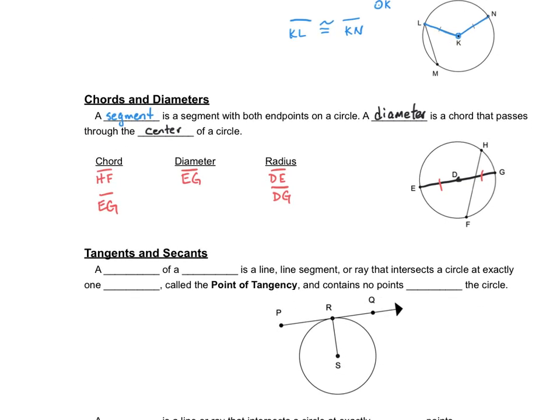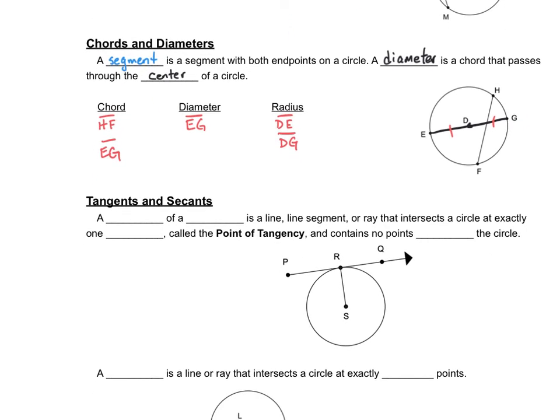Moving on to tangents and secants. A tangent of a circle is a line, segment, or ray that intersects the circle at exactly one point called the point of tangency and contains no points inside the circle.